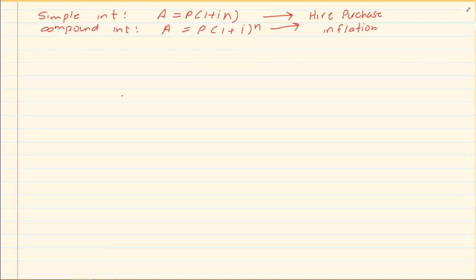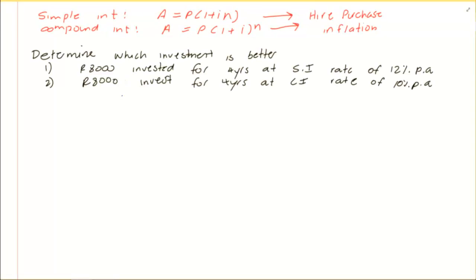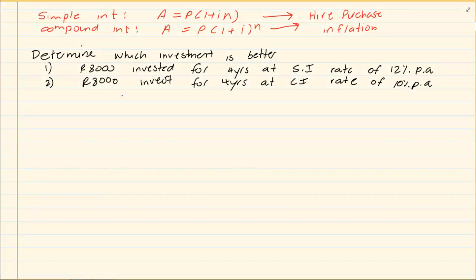Let's do a few basic examples. 8,000 Rand invested for 4 years at a simple interest rate of 12% per annum, or 8,000 Rand invested for 4 years at a compound interest rate of 10% per annum. Now, when you are doing simple interest or compound interest, the first thing you need to do is write down your PAIN.